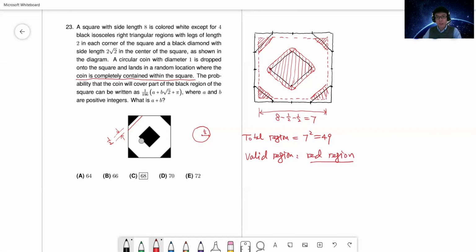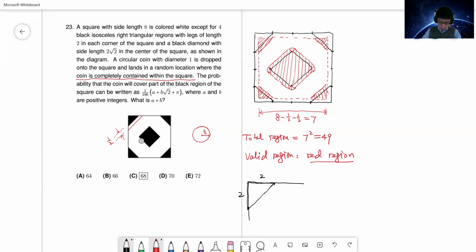It's divided by 49, that's the probability. First, let's calculate the corner part. So I will just draw a part of this corner. This is an isosceles triangle with these 2 sides equal to 2.